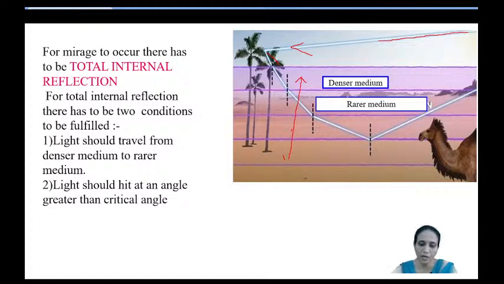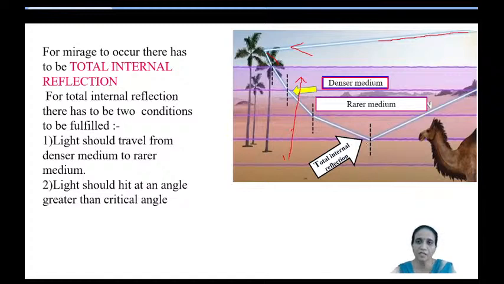But at one point, light hits at an angle greater than the critical angle, and at this point, instead of undergoing refraction, the light will undergo total internal reflection. This light reaches the eye of the observer.